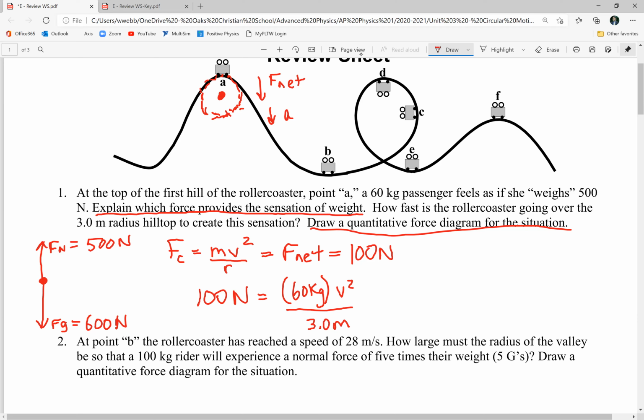And that's what the question wants us to figure out. How fast does it have to be going for this sensation to be accurate? So when you figure out what v is, go ahead and solve it. If you're in the classroom and don't have a calculator, I have some on the back table you can borrow. Go ahead and calculate v, and when you get an answer, type it in the chat. And then for Mark and Jilly, I'll just ask you in the class what you're coming up with.